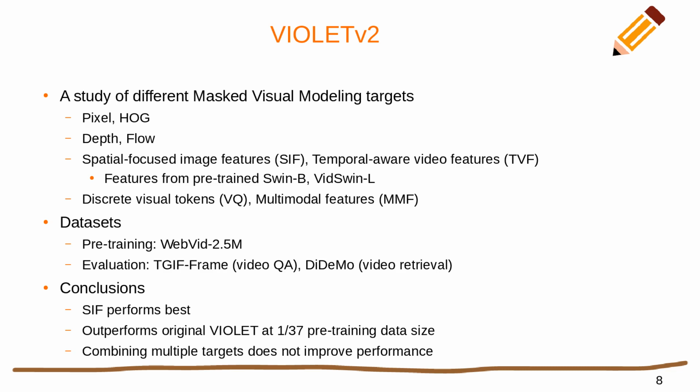The masked visual modeling task involves the masking of visual input patches and predicting the target features corresponding to the masked ones. The pre-training is conducted on the WebVid 2.5M dataset for 5 epochs, and the accuracy is reported on the TGIF frame for video question answering and on the distinct describable moments dataset for text-to-video retrieval.